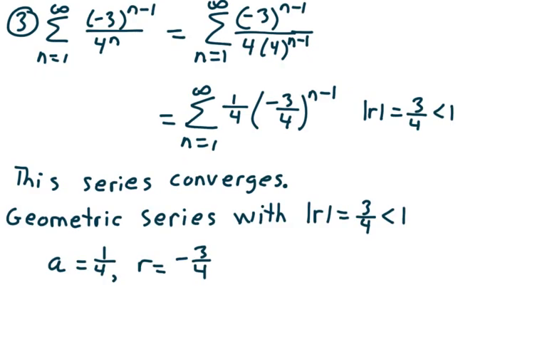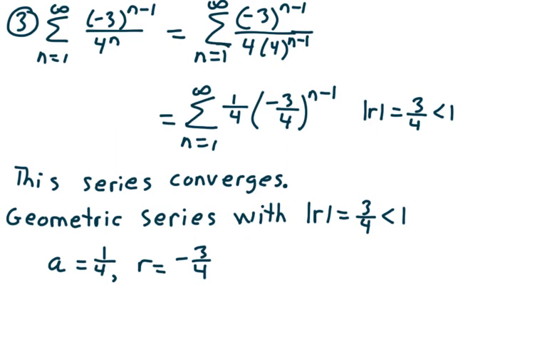Okay. On number 3, suppose we have the summation from n equal 1 to infinity of negative 3 to the n minus 1 divided by 4 to the n. Well, same idea in that I have to rewrite this as the summation from n equal 1 to infinity of negative 3 to the n minus 1 divided by 4 times 4 to the n minus 1.